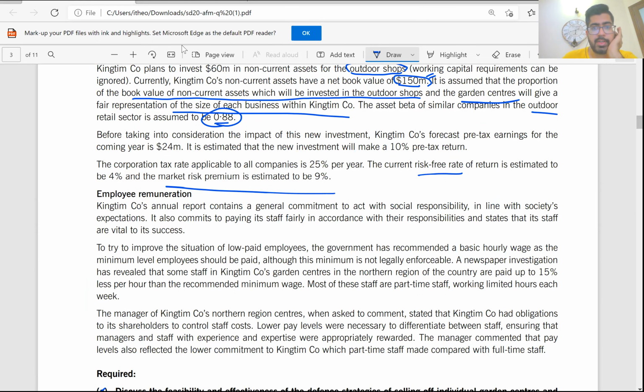Now, it plans to invest 60 million in non-current assets for the outdoor shops. It is estimated that the new investment will make a 10% pre-tax return. New investment will be 60 million in outdoor shops and will make a 10% pre-tax return.